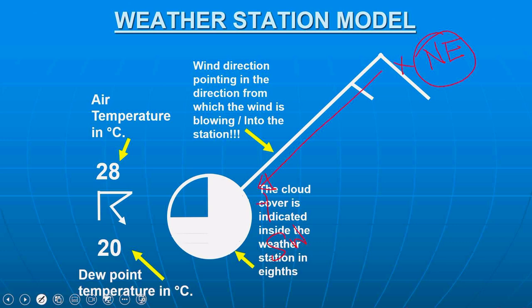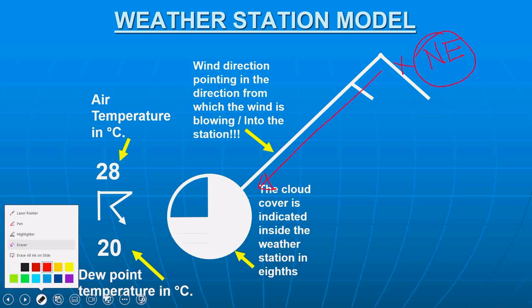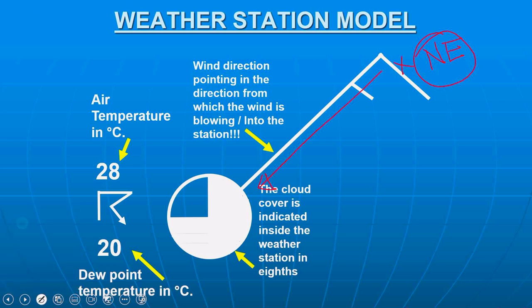The cloud cover is indicated inside the weather station. It can be in 4th, it can be in 8th, depending on what is used there in terms of the indication. But it's going to be easy for you to understand.